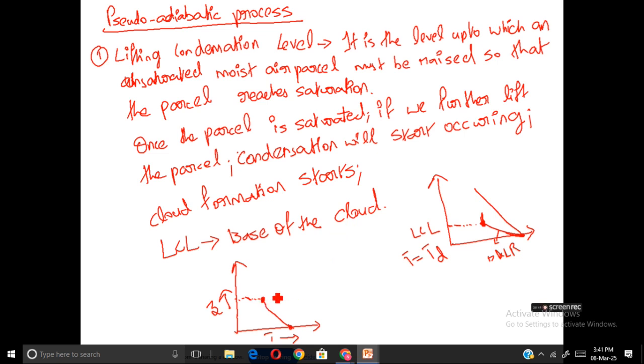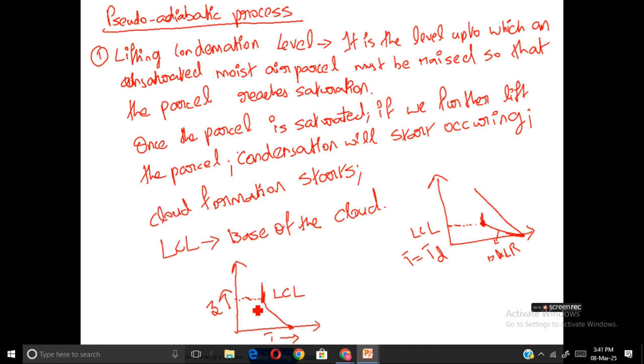That particular level is known as the lifting condensation level. And if we further raise the parcel in the atmosphere, we know that it is already saturated. So if the temperature reduces further, it can no longer hold the water vapor that it already contains. So condensation will start to occur, and gradually cloud formation will start. So basically LCL is the base of the cloud. I hope it is clear till now.